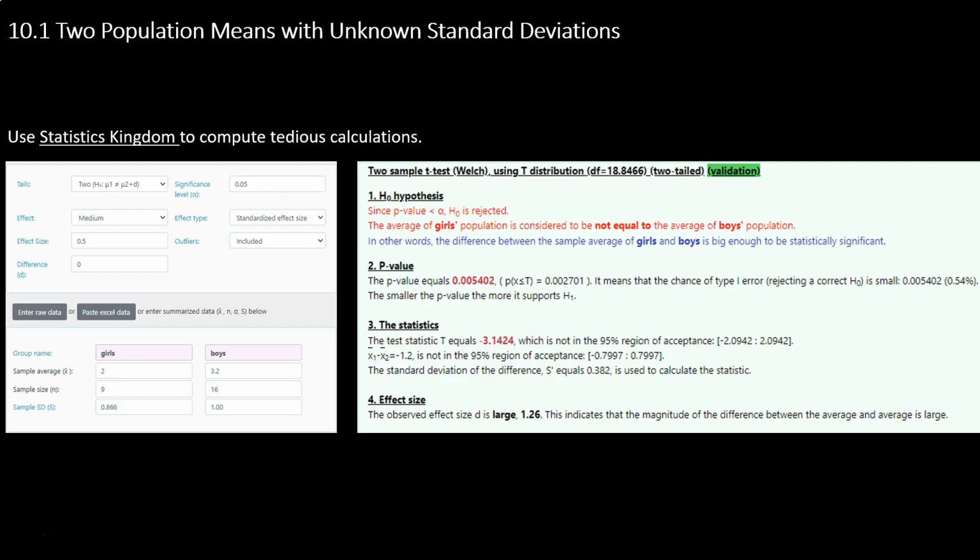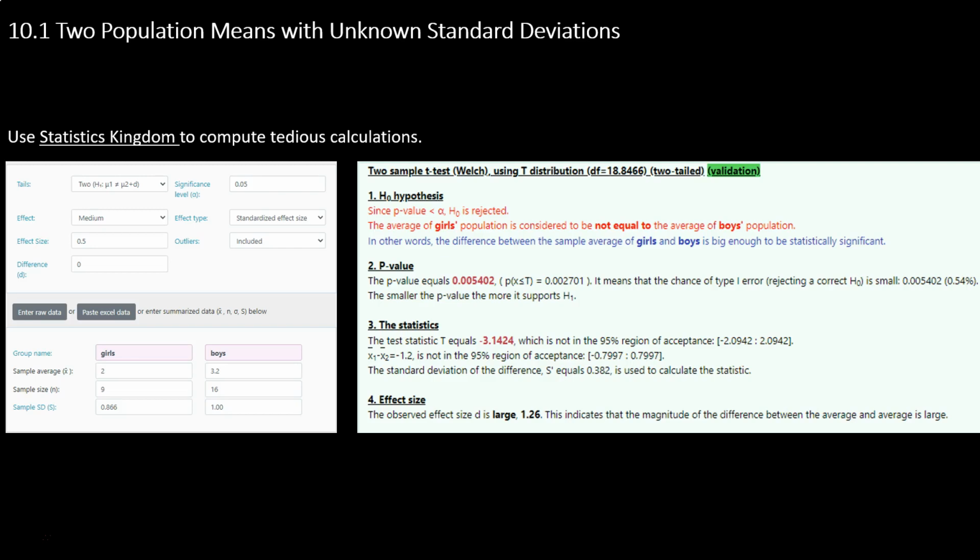This is also going to give you your p-value and your t-score test statistic. Now technically, we don't need those 2 things just to make our conclusion. The calculator has already told us that we're rejecting the null hypothesis. But remember, the p-value can tell us how confident we should be in our conclusion.